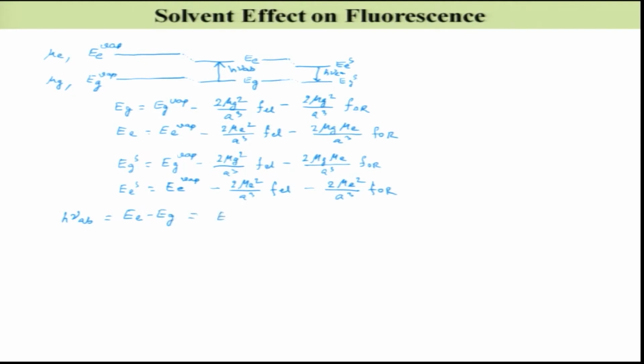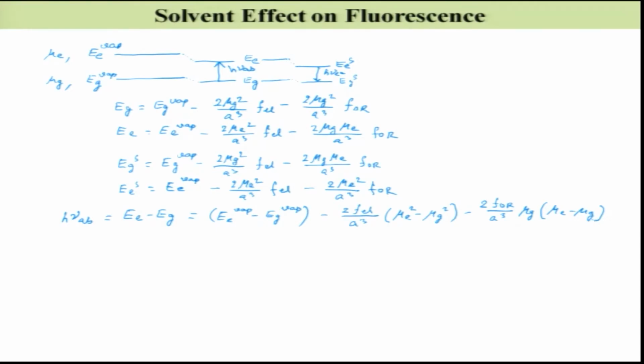So, this is E E vapor minus E G vapor minus twice F E L divided by a cube, mu e square minus mu g square, minus twice F O R by a cube, mu g into mu e minus mu g.